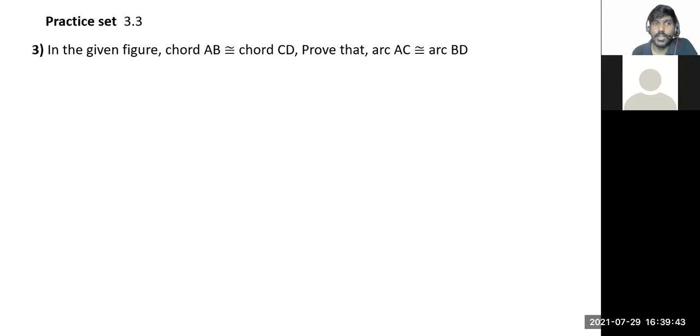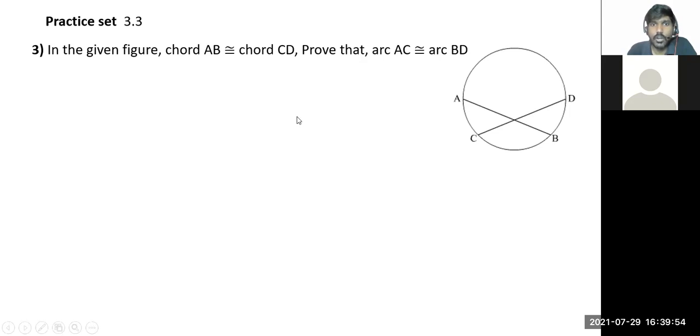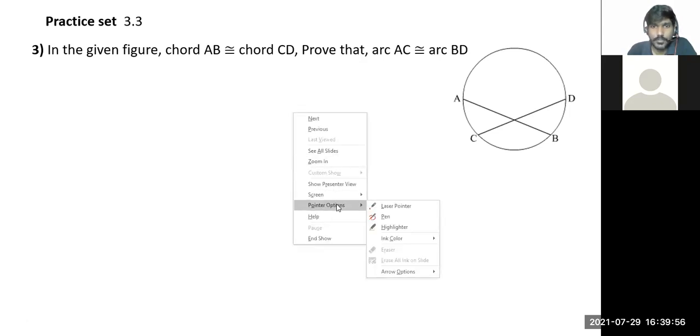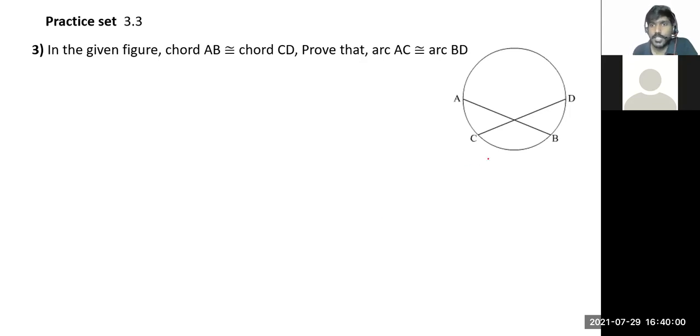Okay. So in the third sum, we'll start. In the given figure, chord AB and chord CD are congruent to each other.